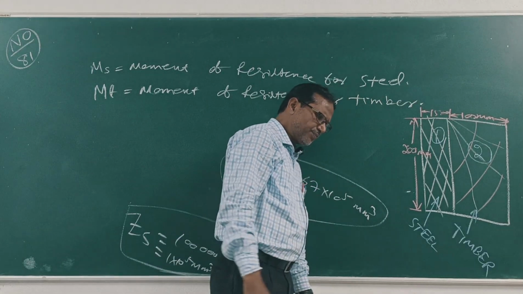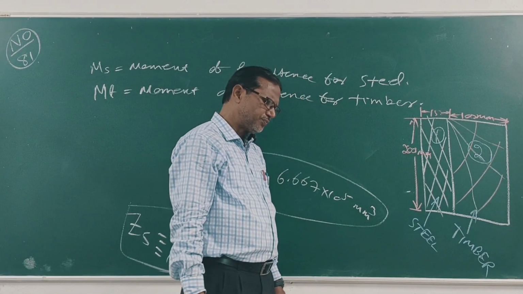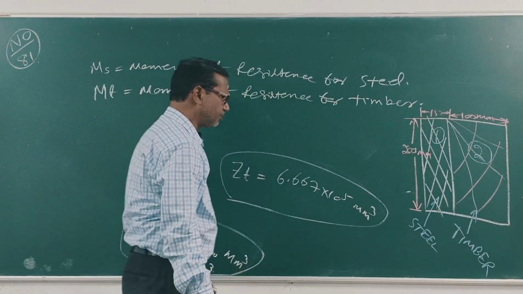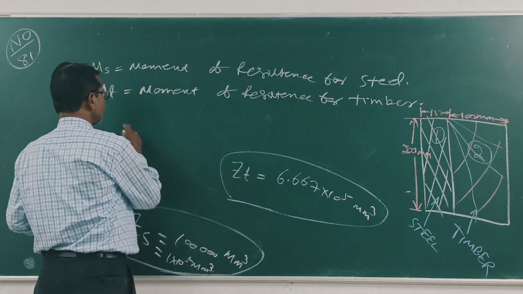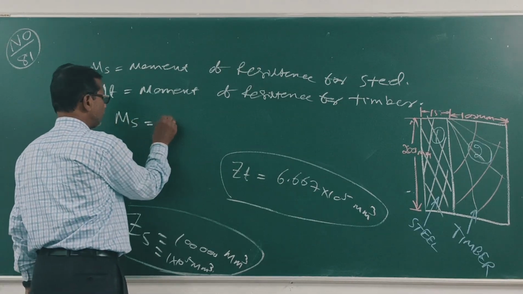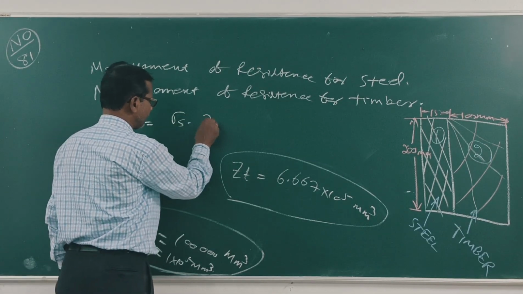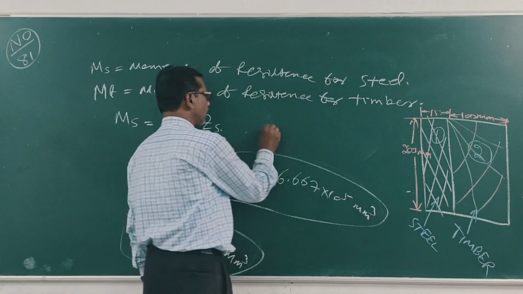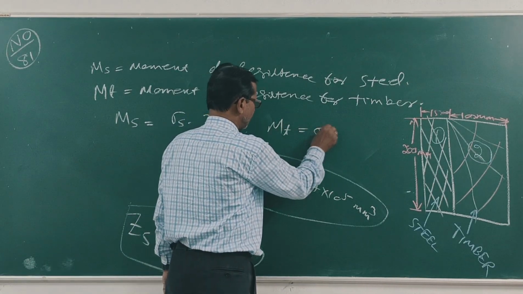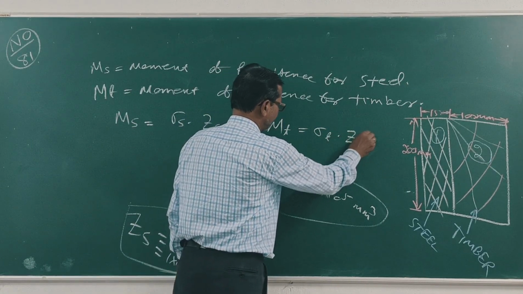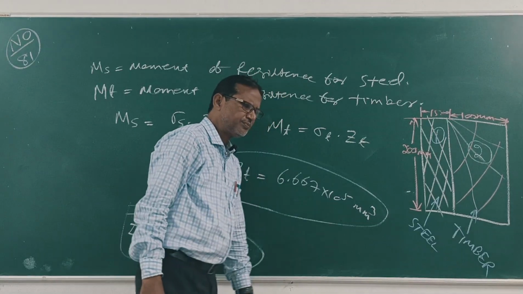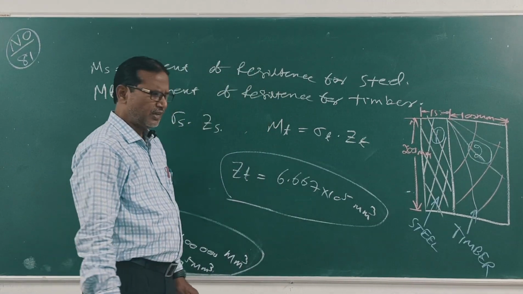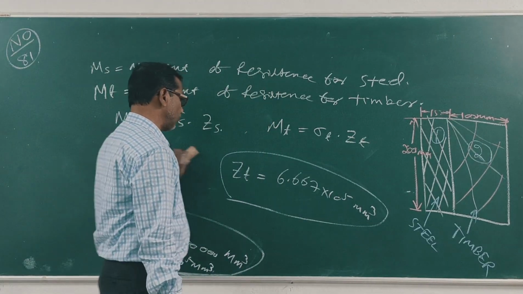Clear? Now, what is MS equal to? Sigma s Zs. What is MT equal to? Sigma t Zt. Clear?